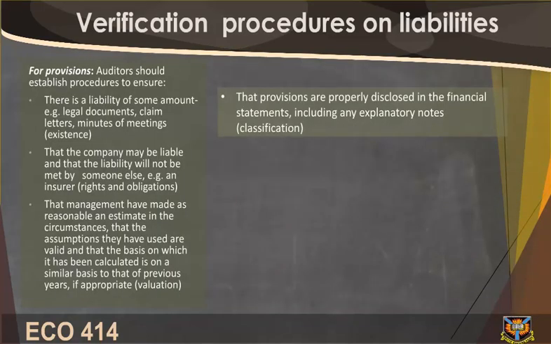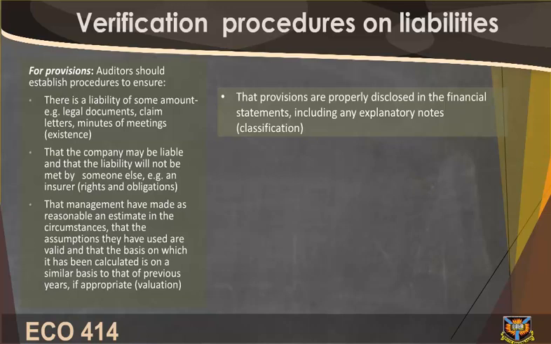For provisions, auditors should establish procedures to ensure there is a liability of some amount, for example, legal documents, claim letters, minutes of meetings: existence. That a company may be liable and that the liability will not be met by someone else, for example, an insurer: rights and obligations.